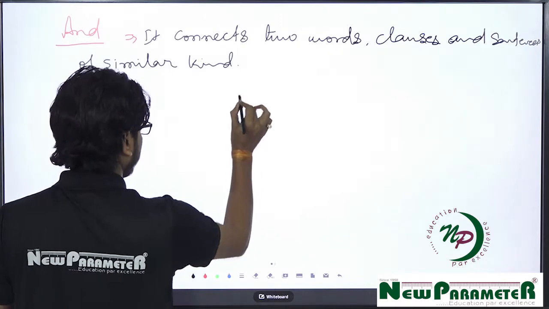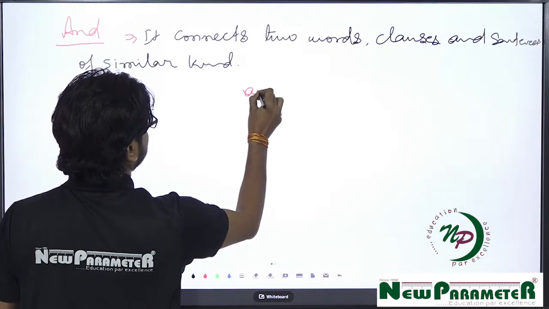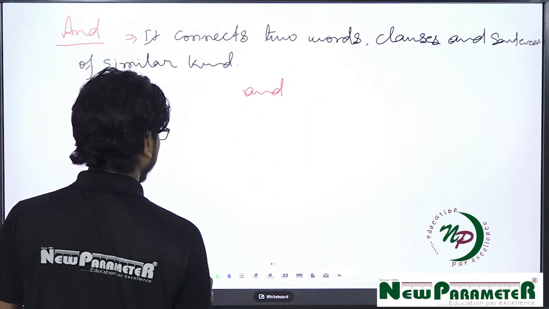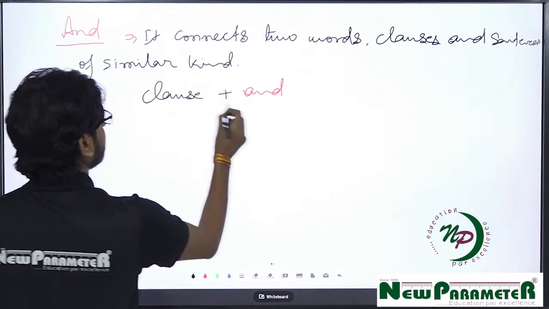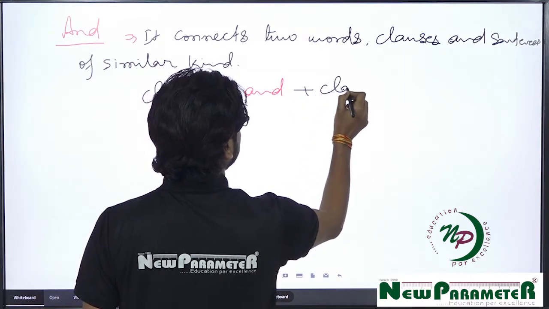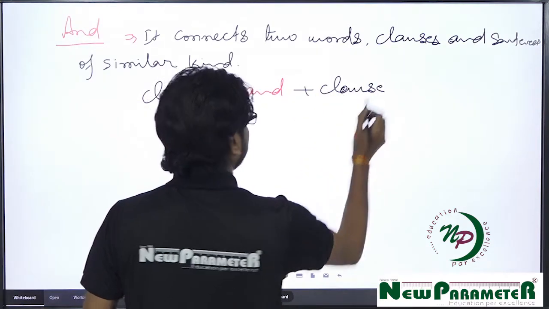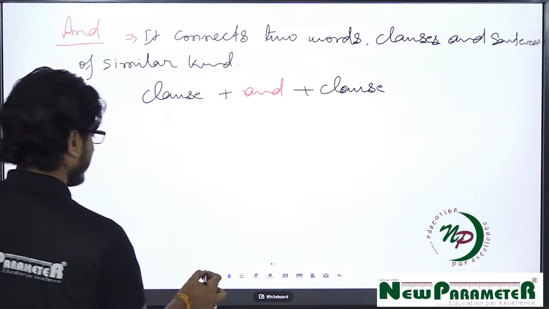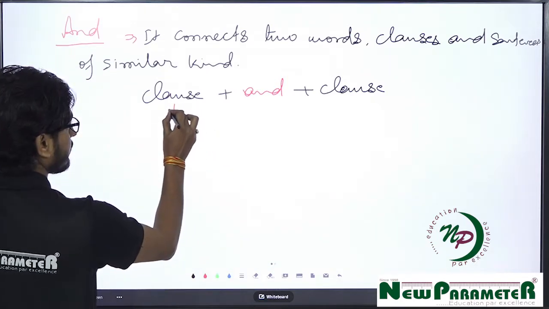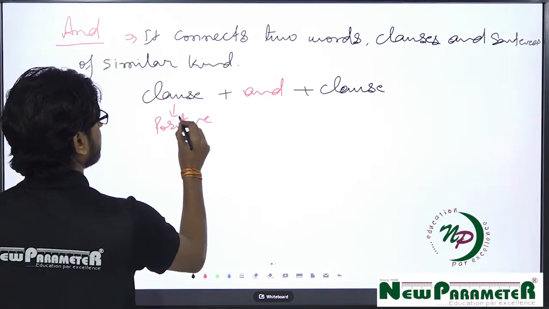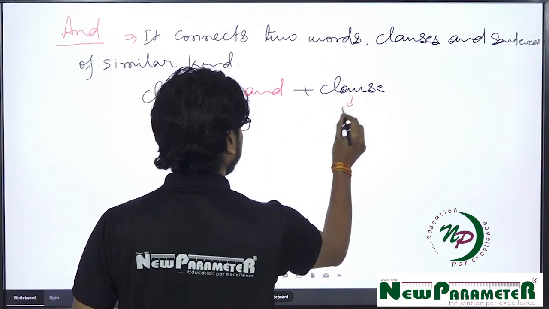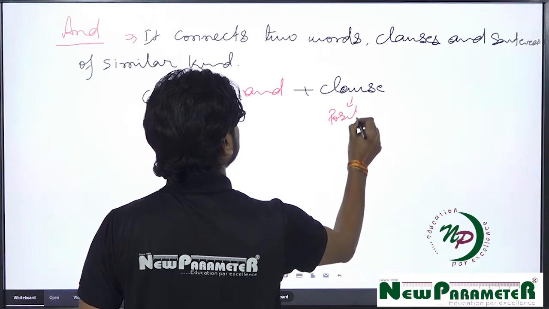See, if I use and, I connect two clauses or sentences, one clause here and one clause here. We have to see one thing. If this clause gives you a positive sense, the other also gives you a positive sense.